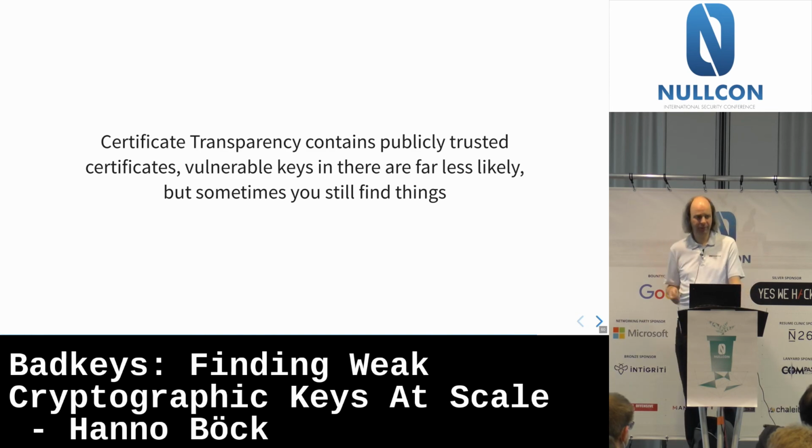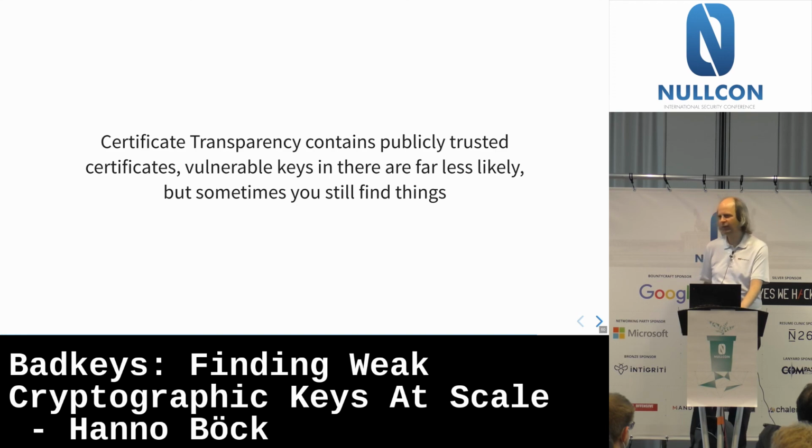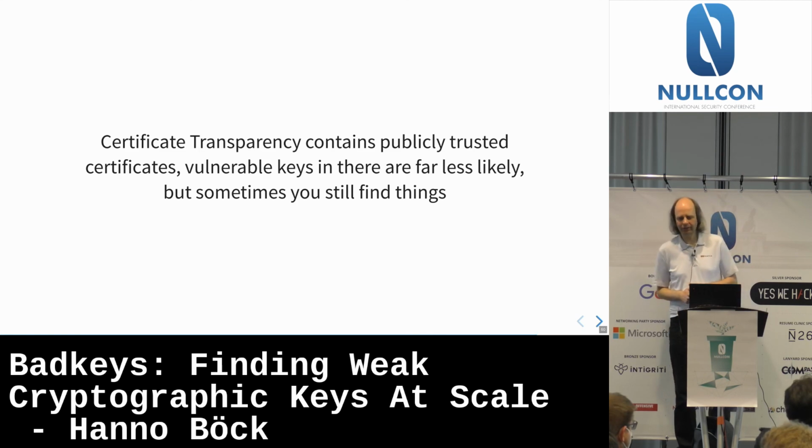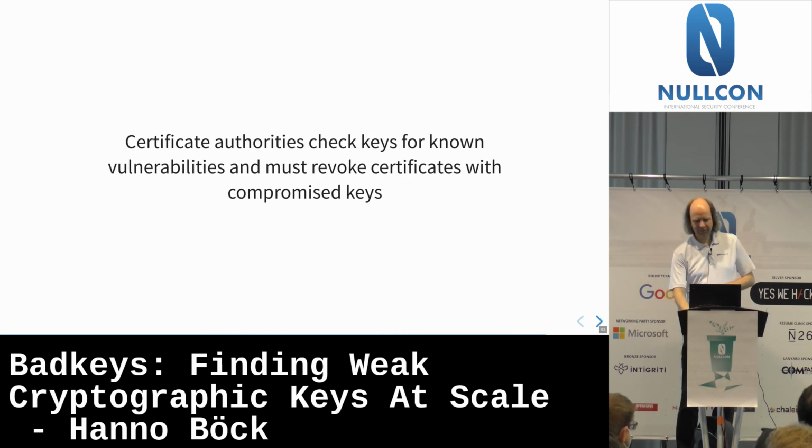What should be noted about this data is certificate transparency. These are publicly trusted certificates, so the kind of certificate that your web browser will accept with the green lock icon and stuff. And vulnerable keys in there are far less likely. And the reason for that is, usually certificate authorities should check keys for known broken keys, but the rules there are a bit fuzzy.